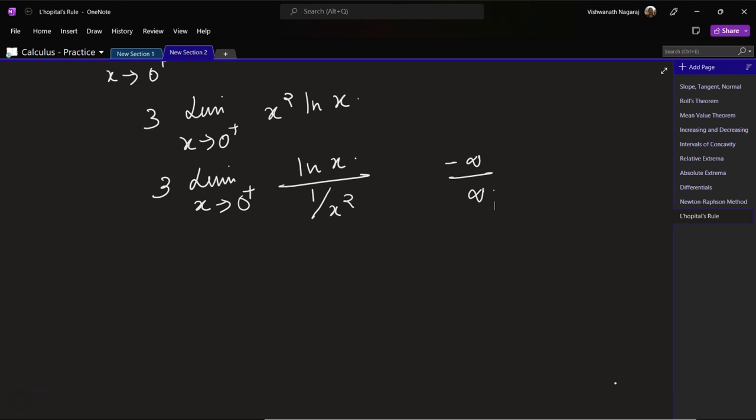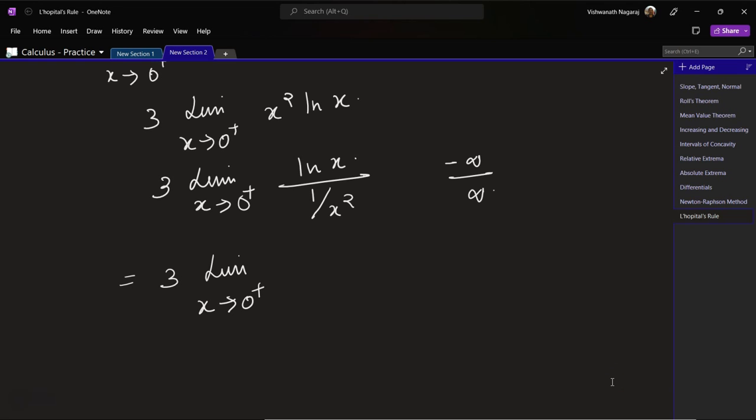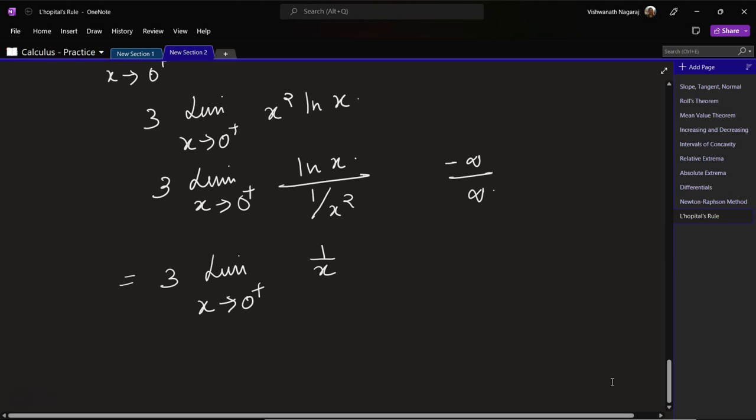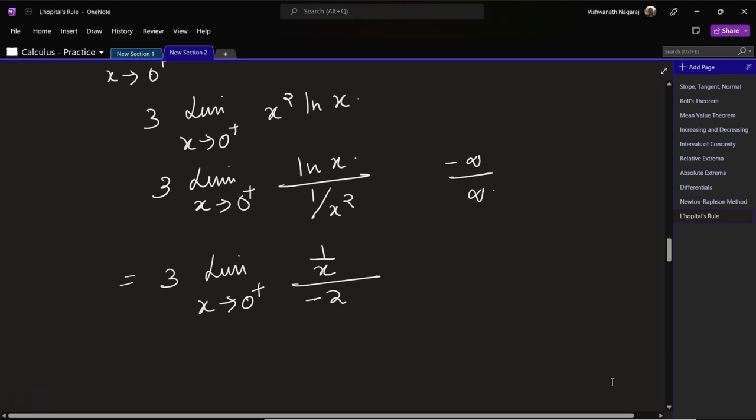Now what do we do now? We are going to differentiate the numerator and denominator. So let's do that. Natural log of x gives 1 by x, and 1 by x square is going to be minus 2 by x cube, right?